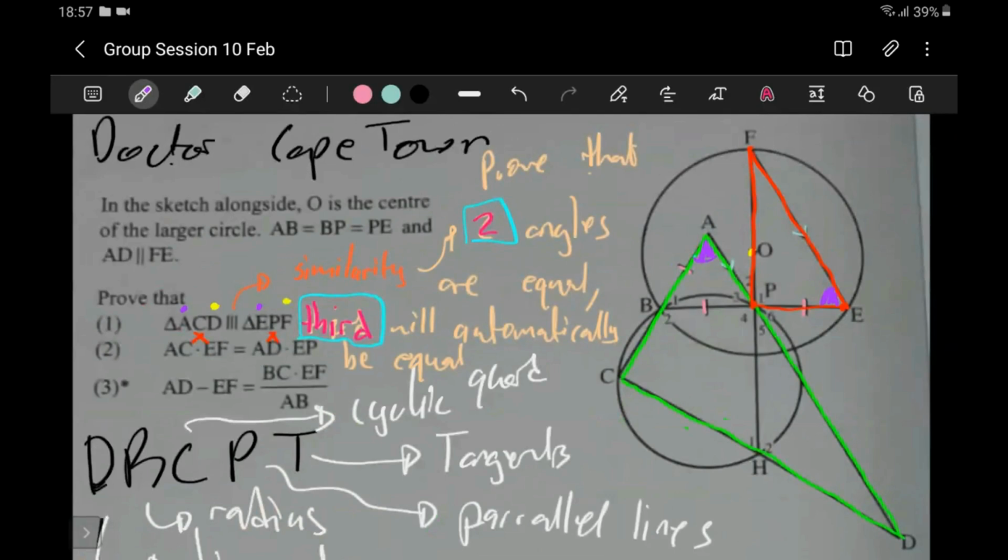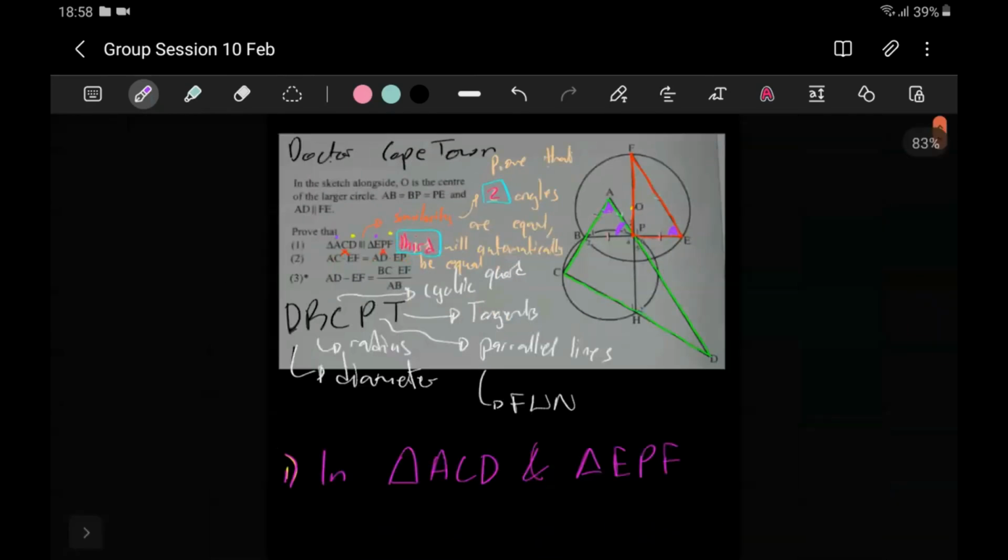Yes, angle P3 is equal to A. And then the reason? Angles opposite equal sides. Yes, so angles opposite equal sides. Let's write that down.